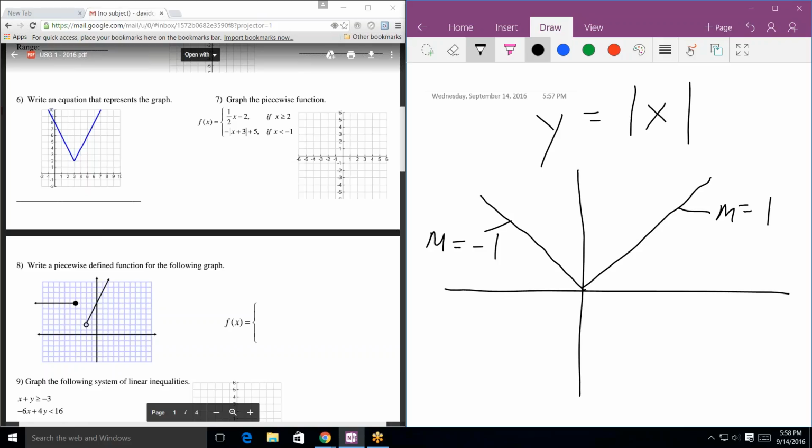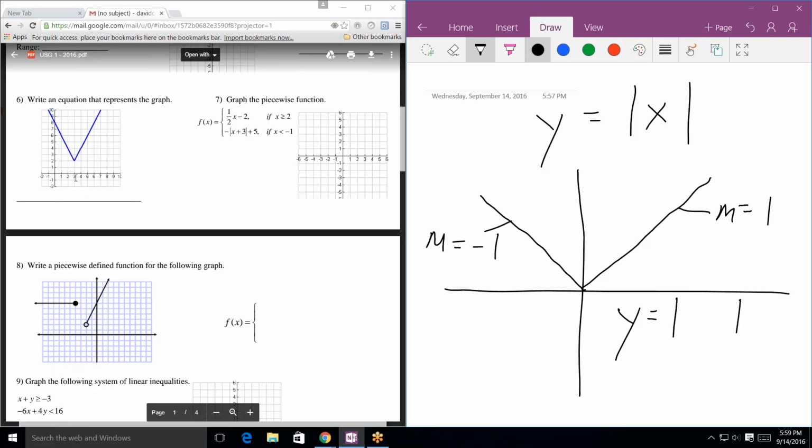All right. So now we have to figure out what this blue graph that they're showing us is. How is it different than what I drew? Well, I can certainly see that there's been a horizontal shift and a vertical shift, right? So let's start there. What's the horizontal shift?